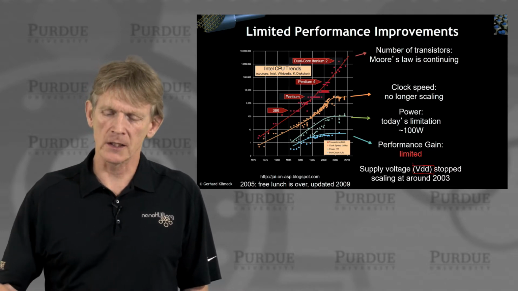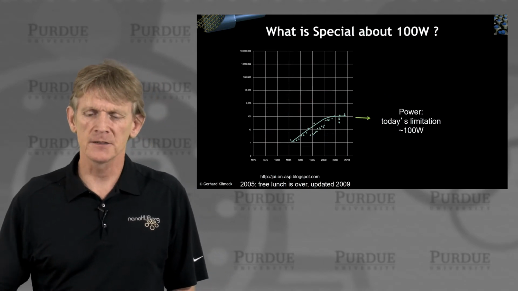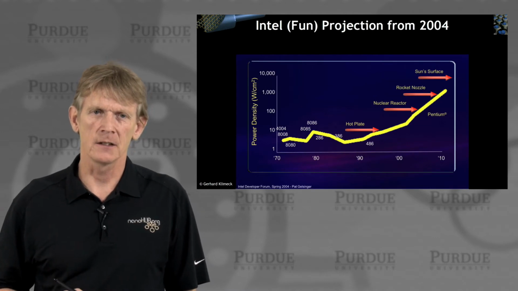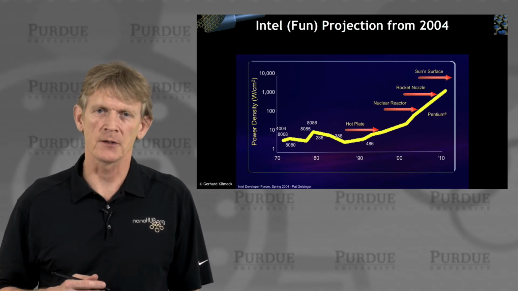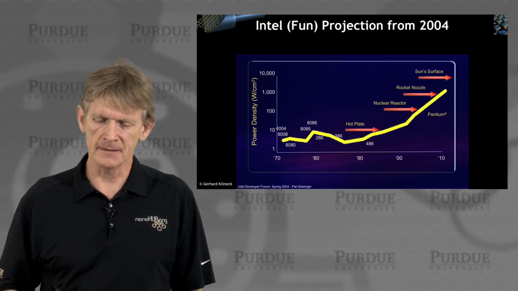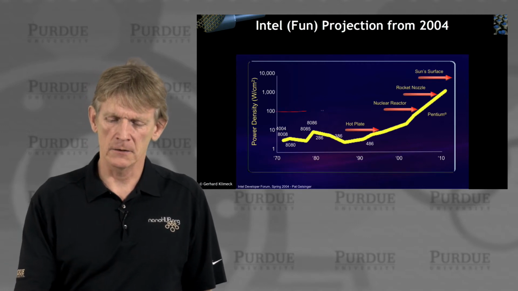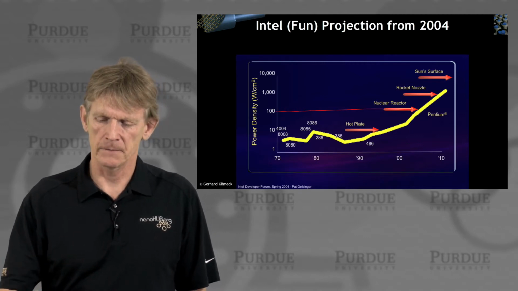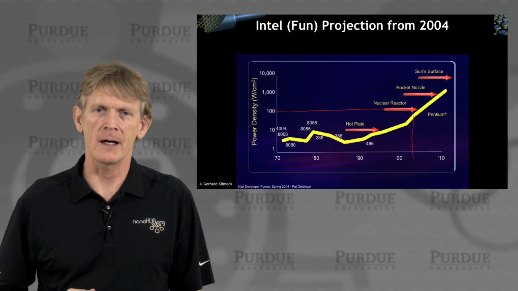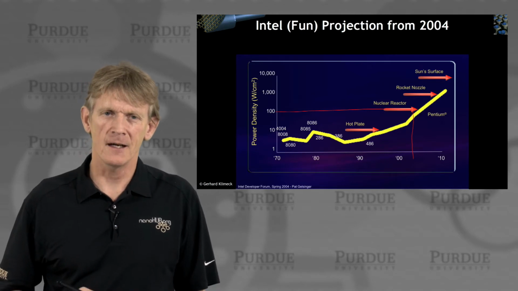So let's look at this 100 watt and see what makes it special. So here's a chart by Pat Gelsinger, who is an Intel employee, from 2004. It's a little bit tongue-in-cheek. At that time, he basically stated, look, we have reached 100 watt power consumption here, okay? 100 watt per square centimeter is the power density of a nuclear reactor. That's pretty hot.